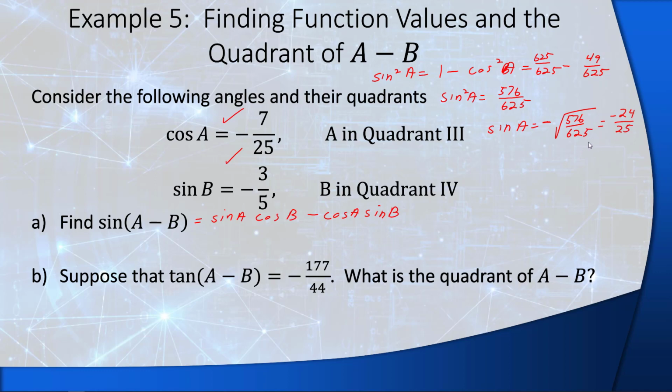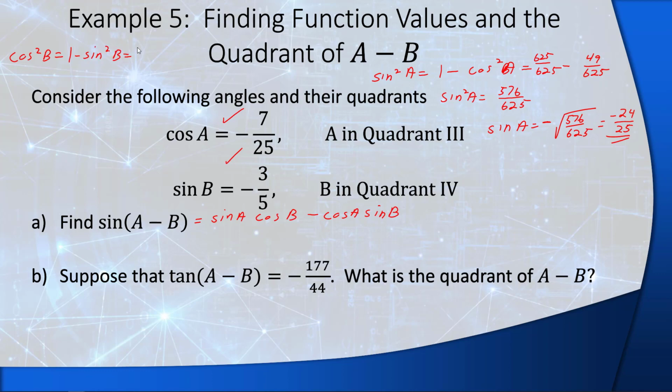So now we have sine A. It's right there. We still need to figure out what the cosine of B is. Well, we can use the exact same approach. Cosine squared of B is going to be equal to 1 minus sine squared of B.